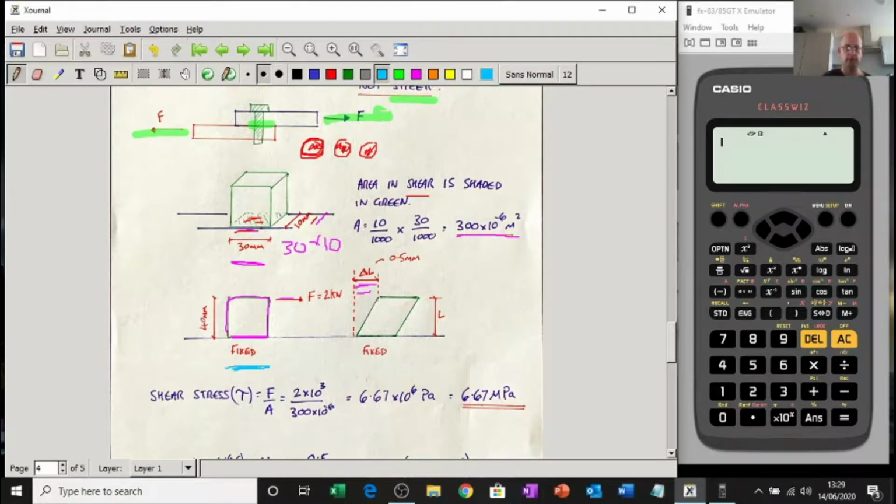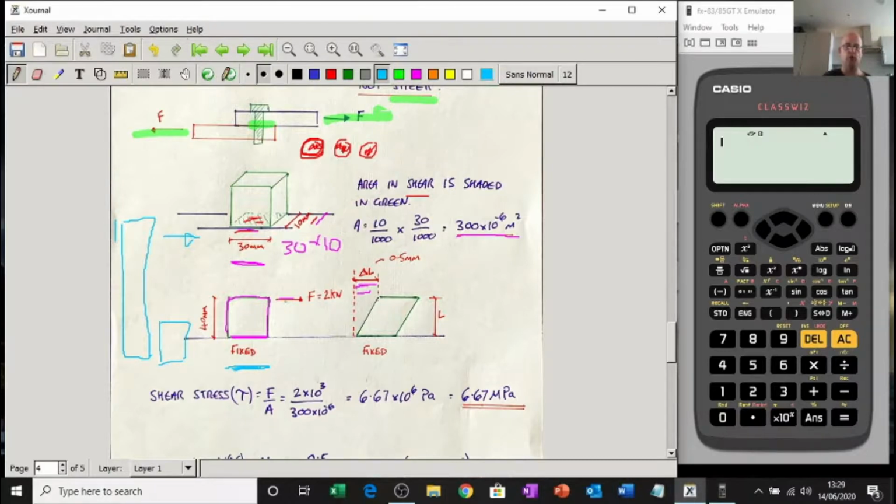Because if you've got a tall building in the wind, a tall building is going to move in the wind. A shorter building is not going to move so much in the wind because it's not as high. So if I made this 400 mil instead of 40 mil, it's going to deform more.